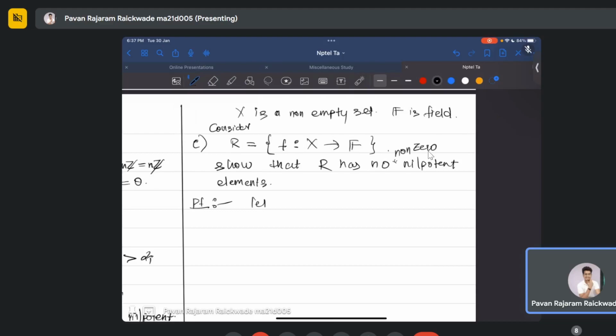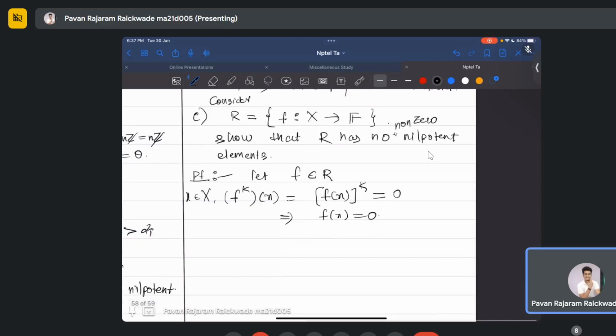So let f belong to R. So what is f power k at x for any x belongs to X? f power k at x is, and we know the product operation here on the set of all functions is the pointwise product, right? So I get f(x) whole power k, right? And if I equate it to 0, since f(x) is an element in a field and a field is an integral domain, this should imply f(x) is 0. So this is happening for all x, right?